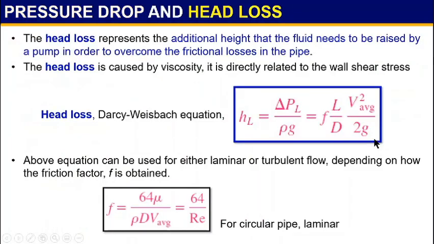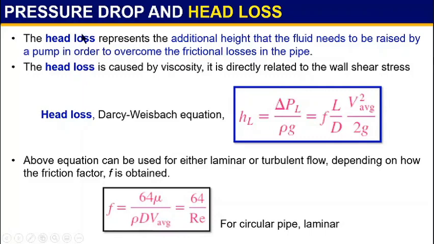The head loss represents the additional height that the fluid needs to be raised by a pump in order to overcome the frictional losses in the pipe. We already learned in the previous slide that the internal flow needs a pump to pump the fluid inside the pipe.